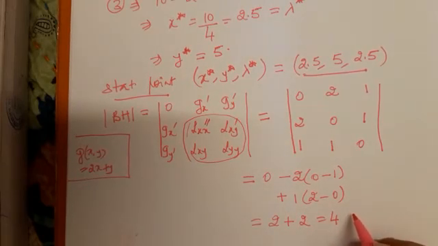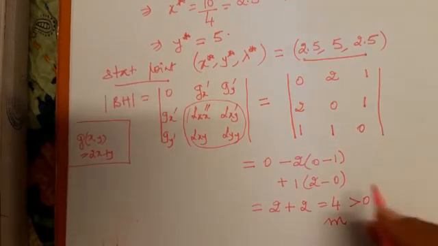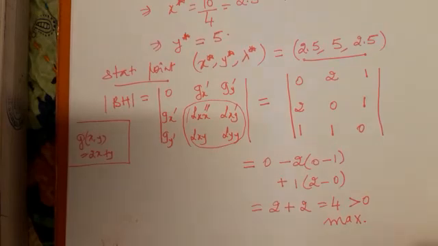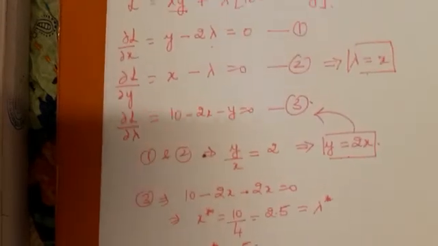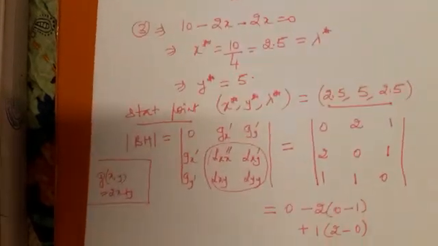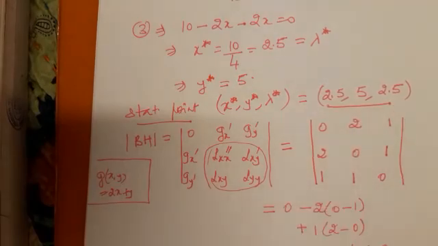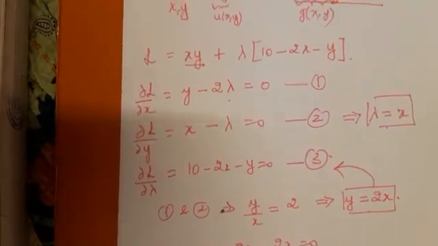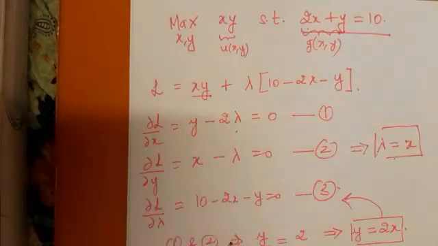And as I told you in the previous video, if the determinant of the bordered Hessian is positive, you can conclude that you have a max at the stationary point. So here we have maximized at 2.5, 5, 2.5. We have a maximum for this function.